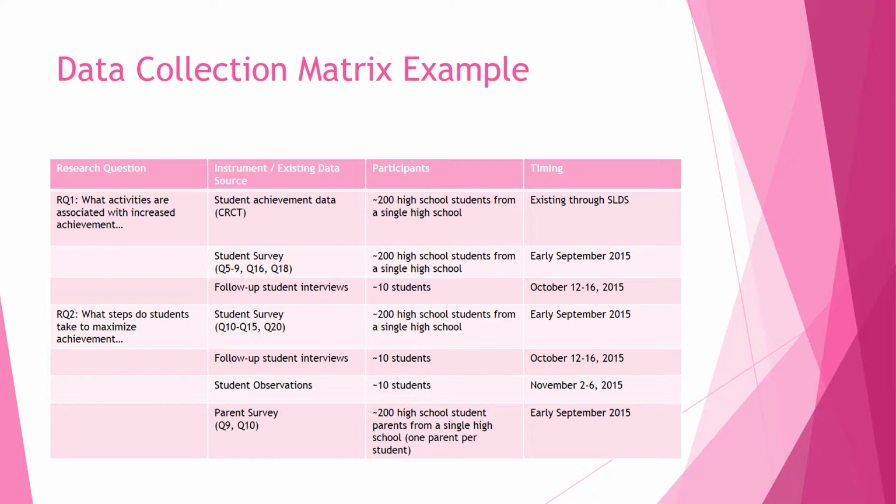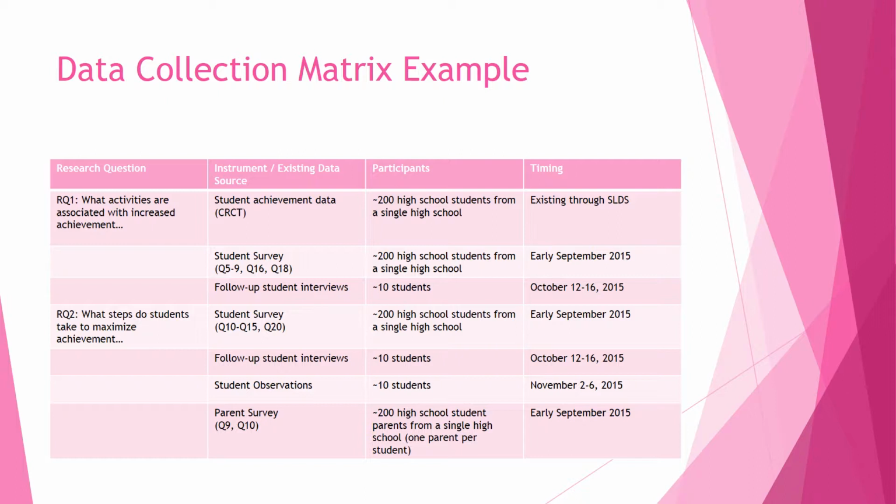Sometimes there's only a single data source to answer a question, but many times you'll find that there are several data sources that are used to answer the question from different perspectives. But a single source might be the primary source of data, while the others are used to support the findings or contextualize them, or even to triangulate.